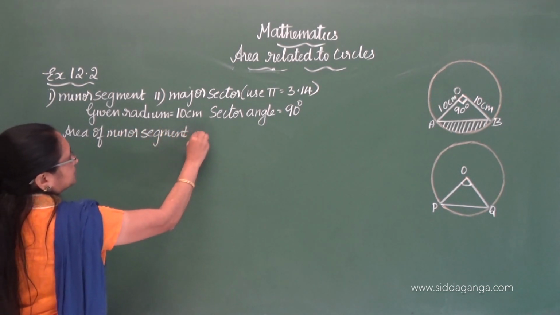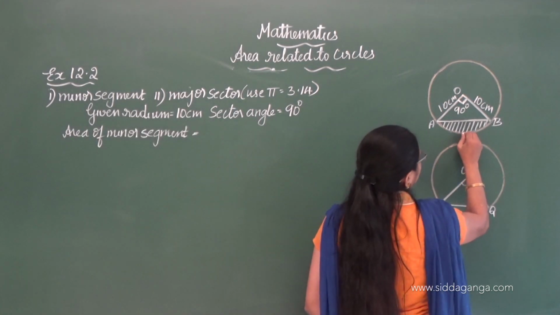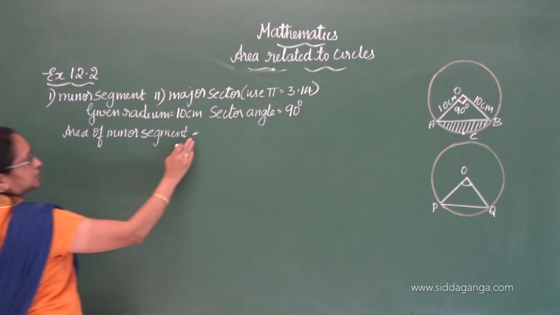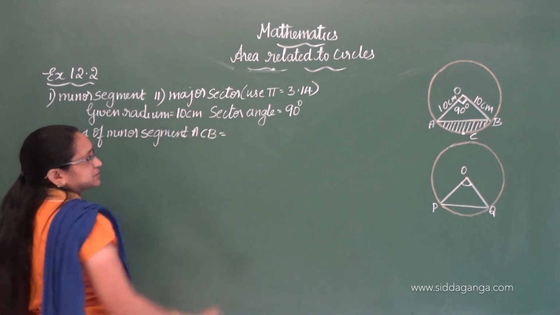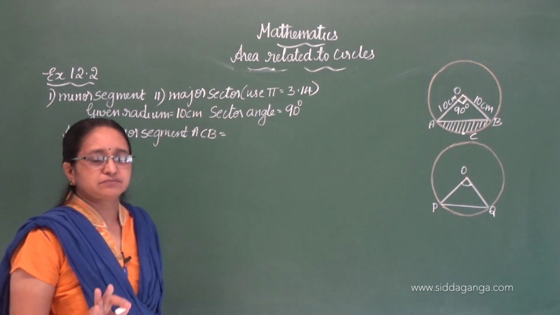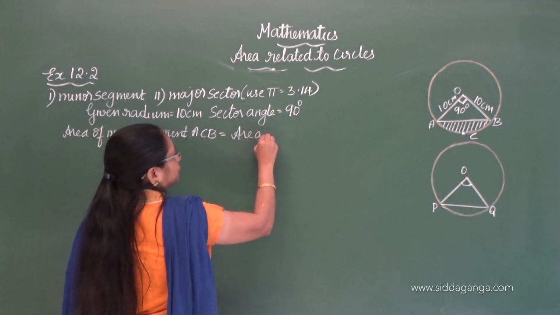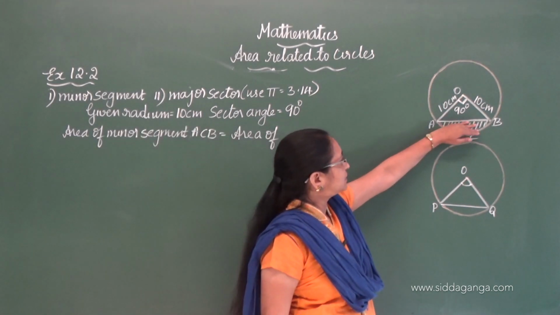Let us name it with one more letter, C. The minor segment you can name also ACB segment. Okay, don't forget. Can you remember how to find the area of the minor segment?